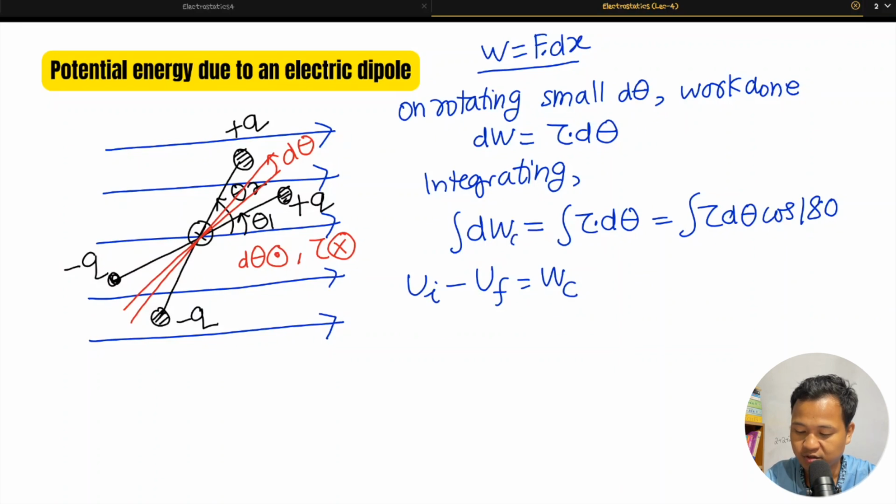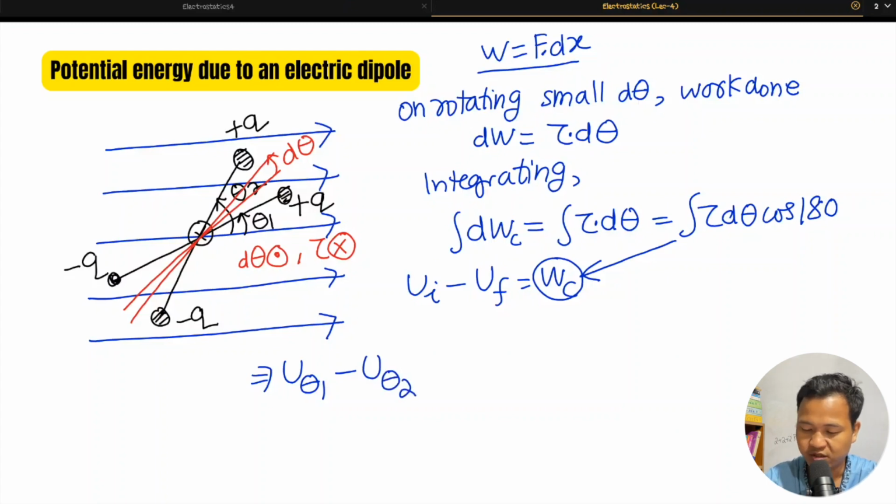Actually, the work done by the conservative force is the integration of dW. So in place of this one, you can put this whole thing here. Putting it in, the energy at theta 1 minus the energy at theta 2, as the dipole rotates from theta 1 to theta 2. So here you'll have the integral of torque into d theta into cos 180.